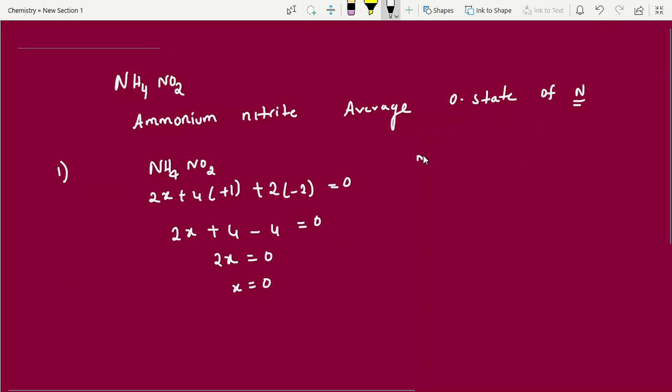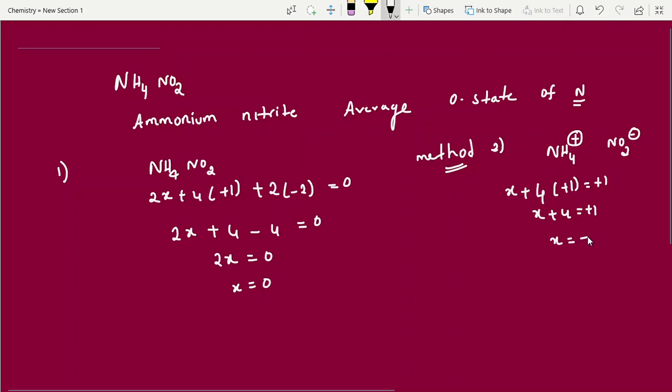Method 2. What is method 2, students? It can dissociate as NH4 plus and NO2 minus. This is plus, this is minus. For NH4 plus: x plus 4 into plus 1 equals plus 1, so x plus 4 equals plus 1, x equals minus 3.